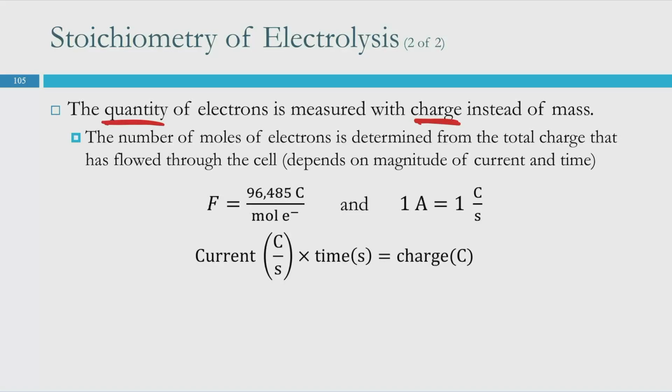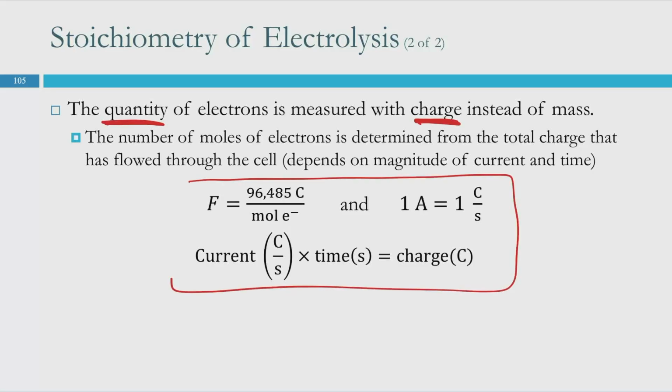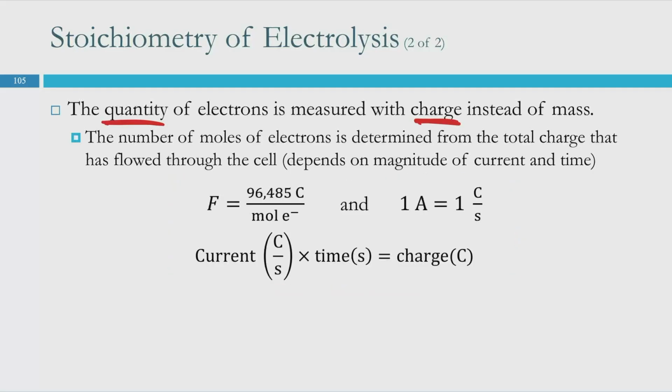And we've got a couple of things that are going to be helpful. We're going to do one example for this. So we've got a couple of helpful tools. We've got our Faraday's constant. This relates the amount of coulombs, a unit of charge, with the moles of electrons. So this is sort of like Avogadro's number.